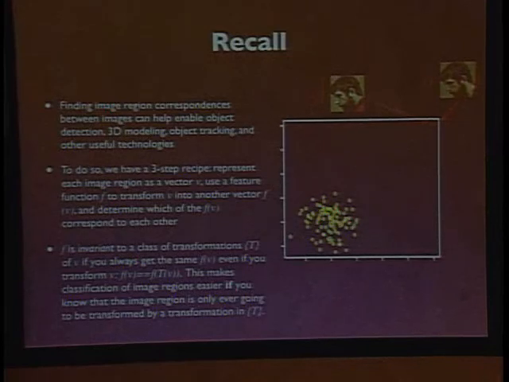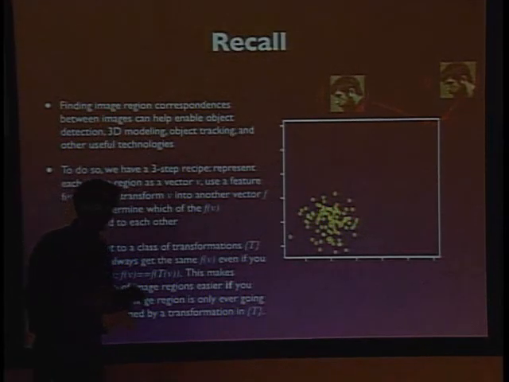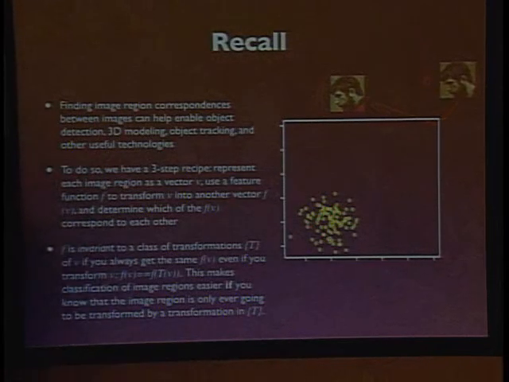So if a feature function is invariant to rotations, which is to say you rotate the guy's head around in the image patch, then no matter how you rotate that person's face, you're always going to get the same feature vector out of it. And there are other examples. If it's invariant to lighting, then if you just make the entire face brighter, brighter, brighter, you always get the same feature vector out.